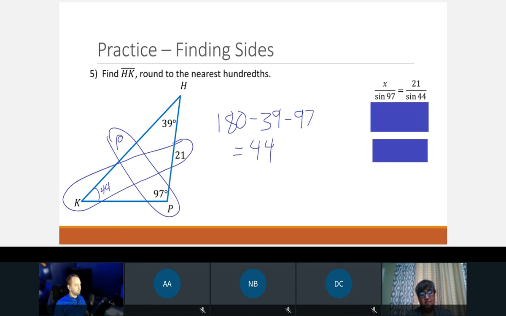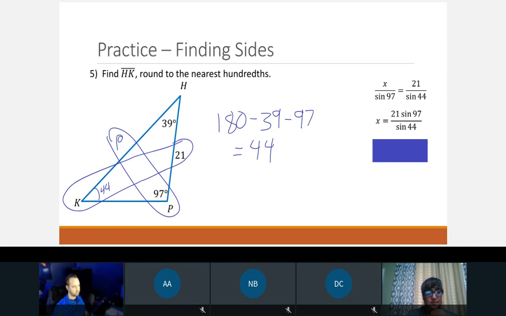Yep. So multiplying both sides by sine 97, we get this. Now, do I have to do arc sine to anything in this problem to solve? We sure don't. All we got to do is type that in, 21 times sine 97 all over sine 44, and then hit enter. And what do you all get rounded to the nearest hundredths?